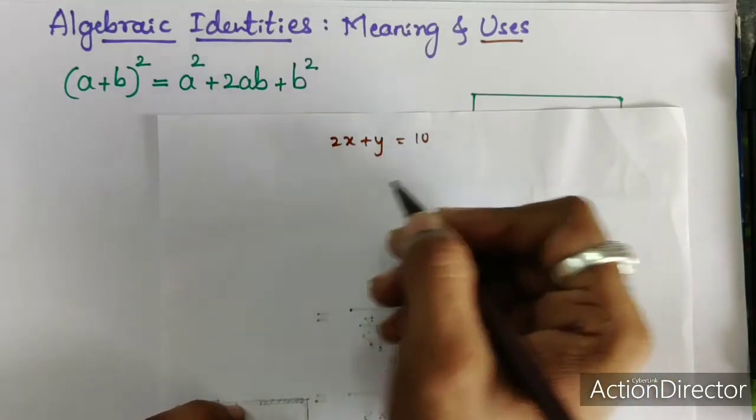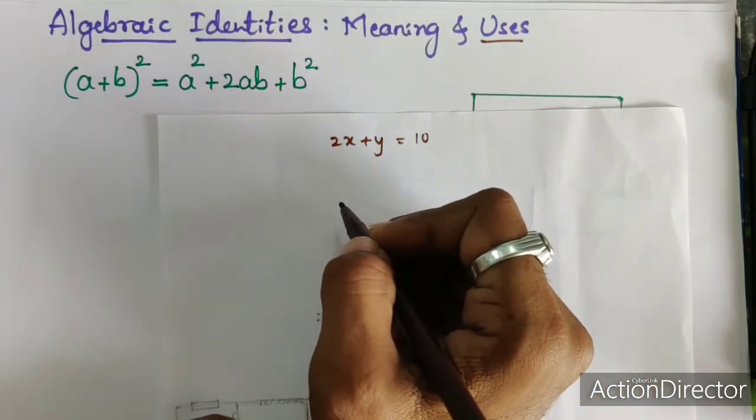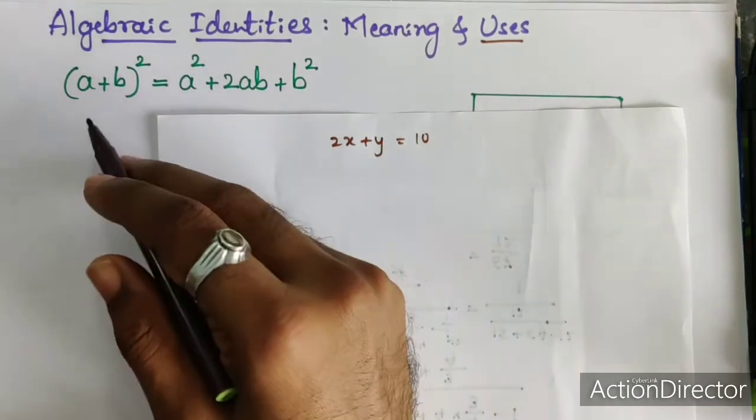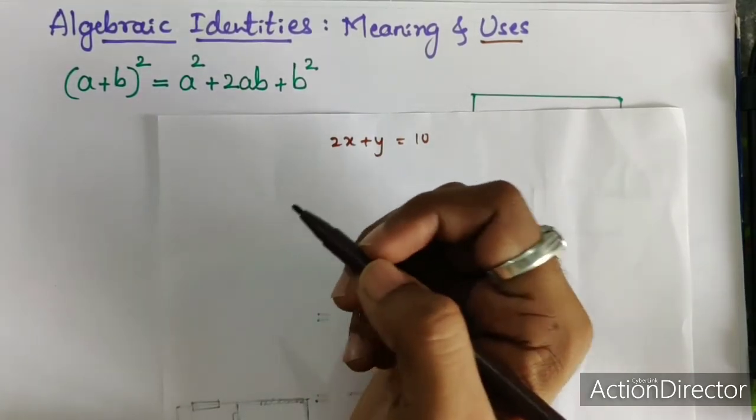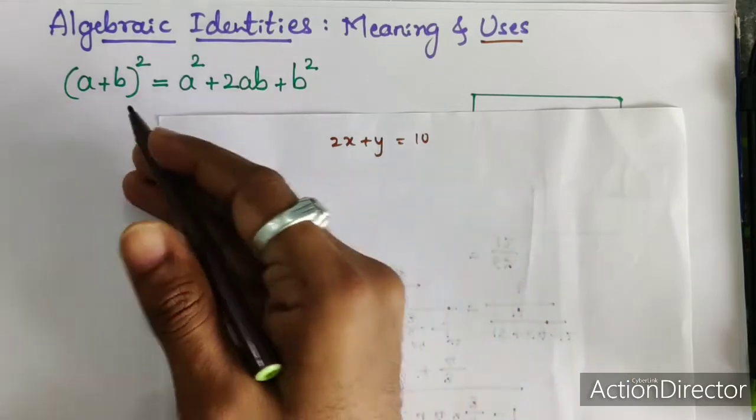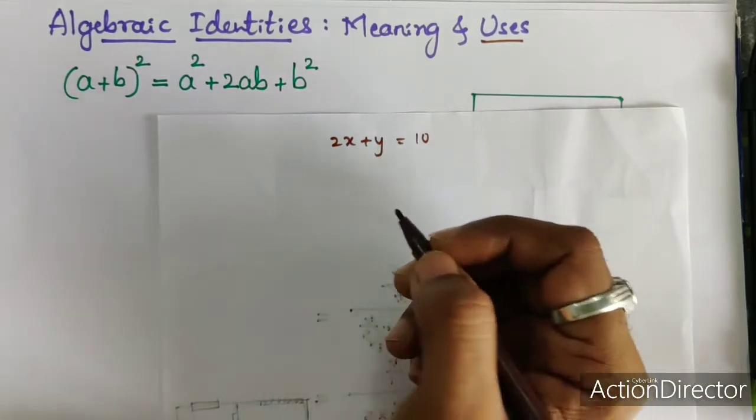Many a time you must be wondering about the meaning of (a plus b) whole square, and what is the use of this (a plus b) whole square in real life.